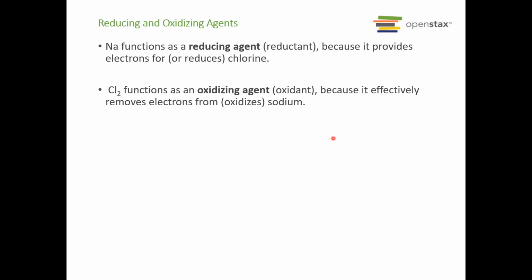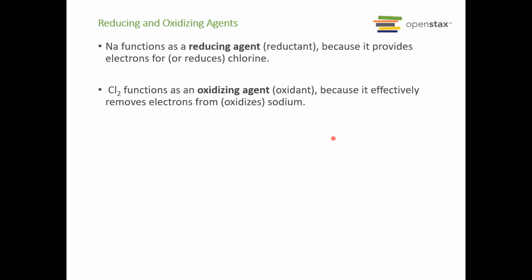And then a little bit of terminology here. So this is sometimes a little bit confusing because it's kind of backwards almost. But the substance that's getting oxidized, so in this case, the sodium, would be known as the reducing agent or the reductant. And the way you can think about that is because it's causing the reducing. With the chlorine, that's the substance that's being reduced.